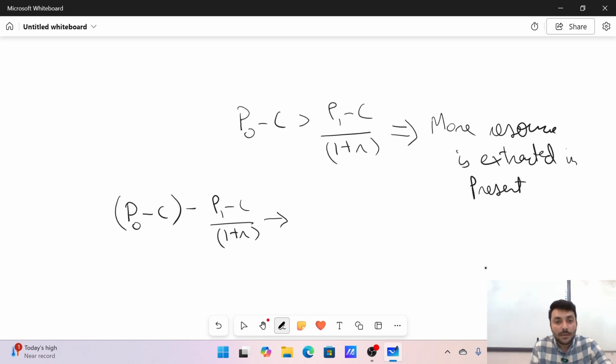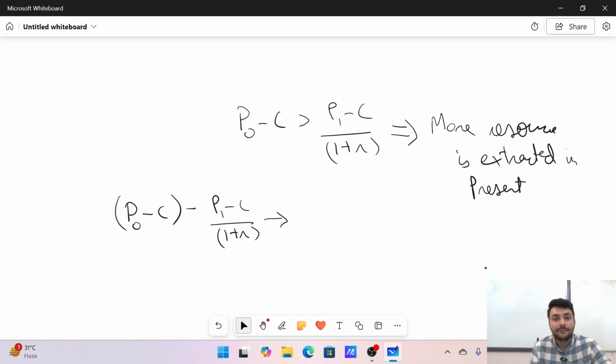Why is it so? Because this is what he is earning in the present time period, and this is what he would earn in the future. If what he would earn in the present is more than what he would earn in the future, then it is profitable for the extractor to extract more resource today itself.